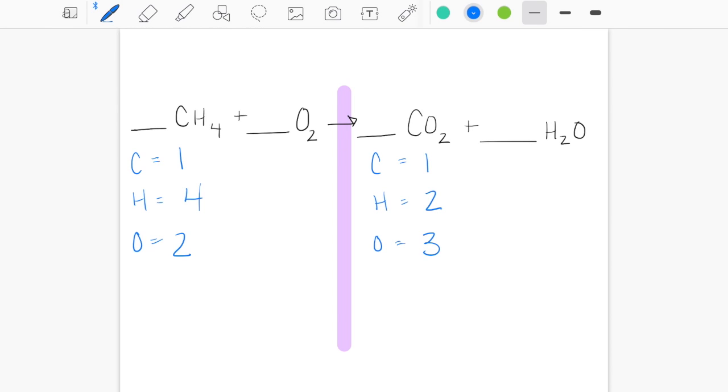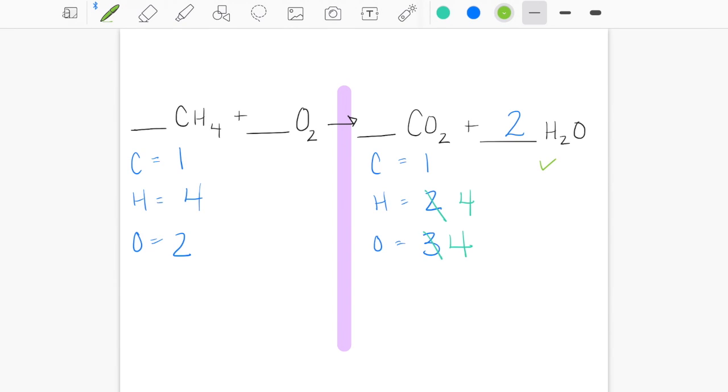So I can multiply my water molecule here by a coefficient of 2, so that it will change from 2 to 4. But then my oxygen, I now have 2 oxygen here, and then 2 times 1 will give me 2 oxygen here. So I have a total of 4 oxygen now on the product side.